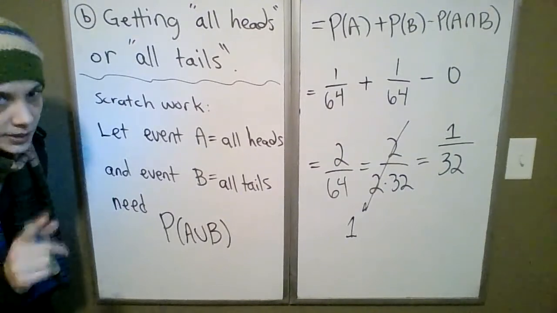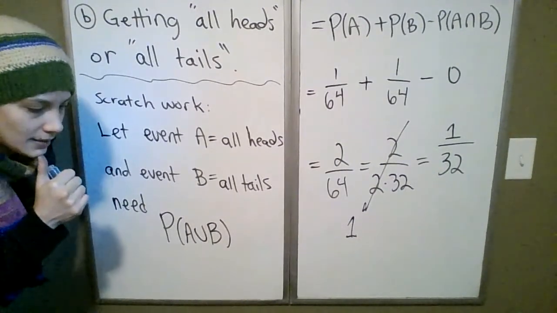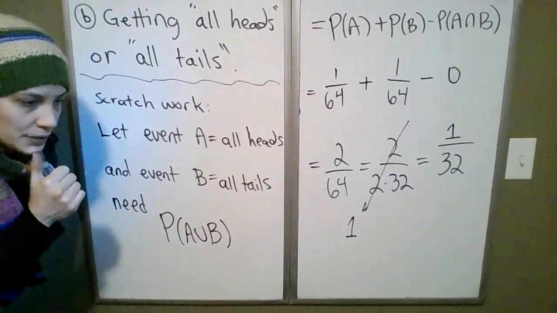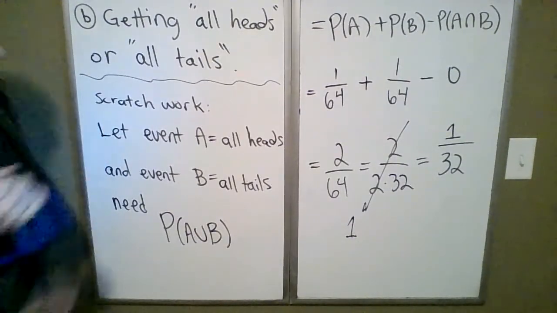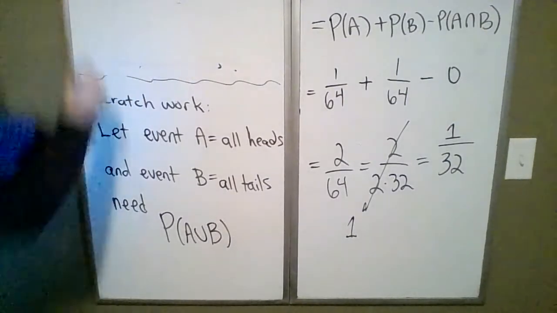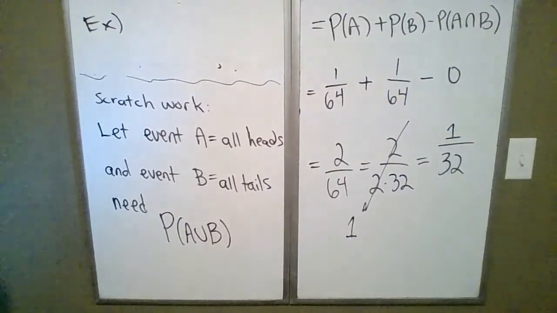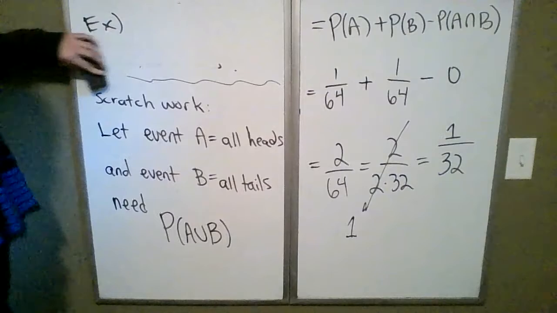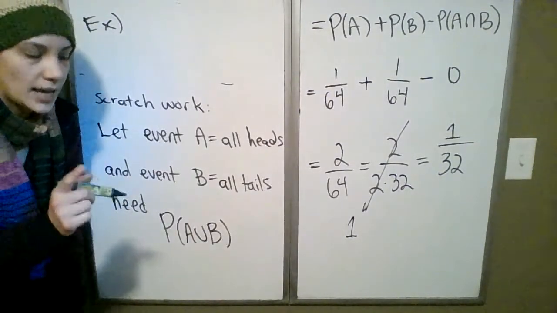Okay, we're going to do one with an unfair coin. And then we're either going to switch to talking about dice or locks. So let's see. This unfair coin has a probability of landing 0.6 on heads.